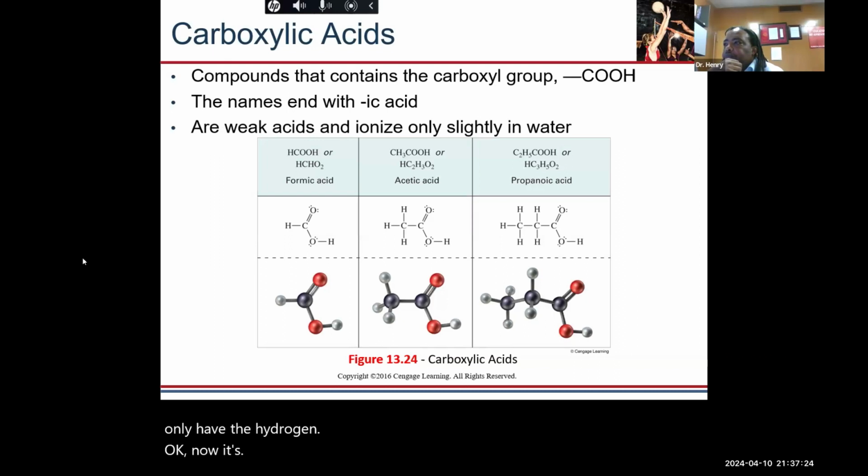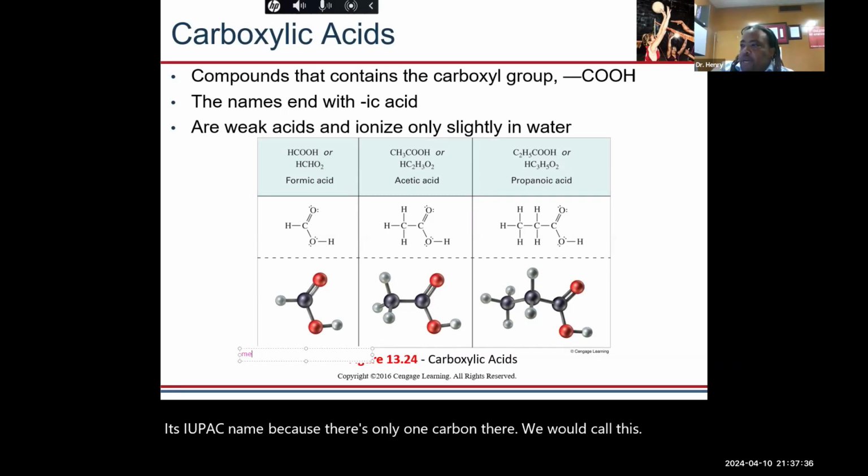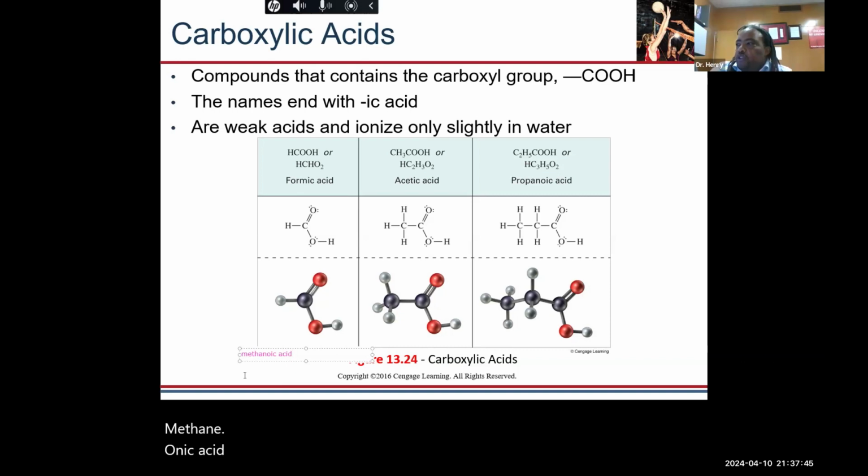Its IUPAC name, because there's only one carbon there, we would call methanoic acid, because there's only a single carbon.